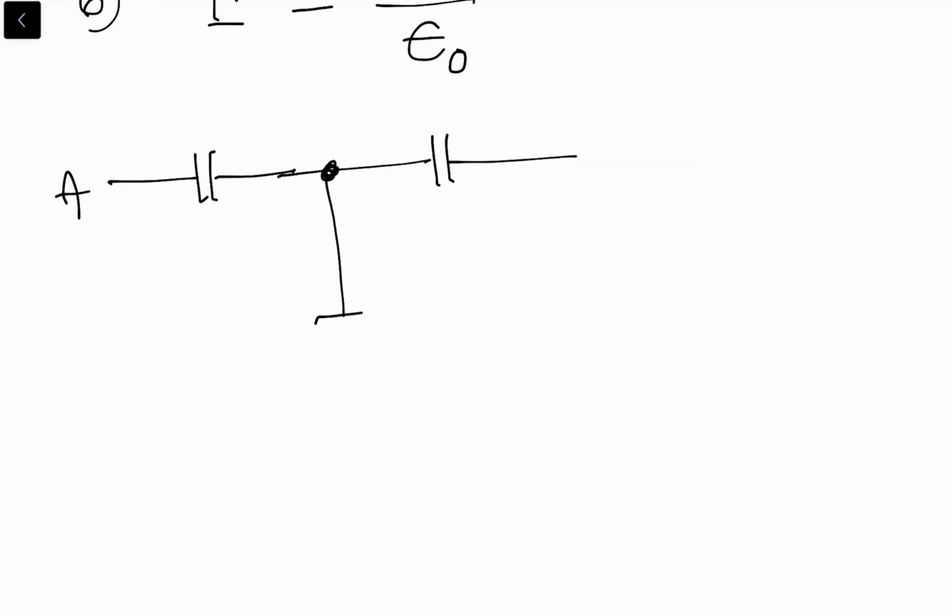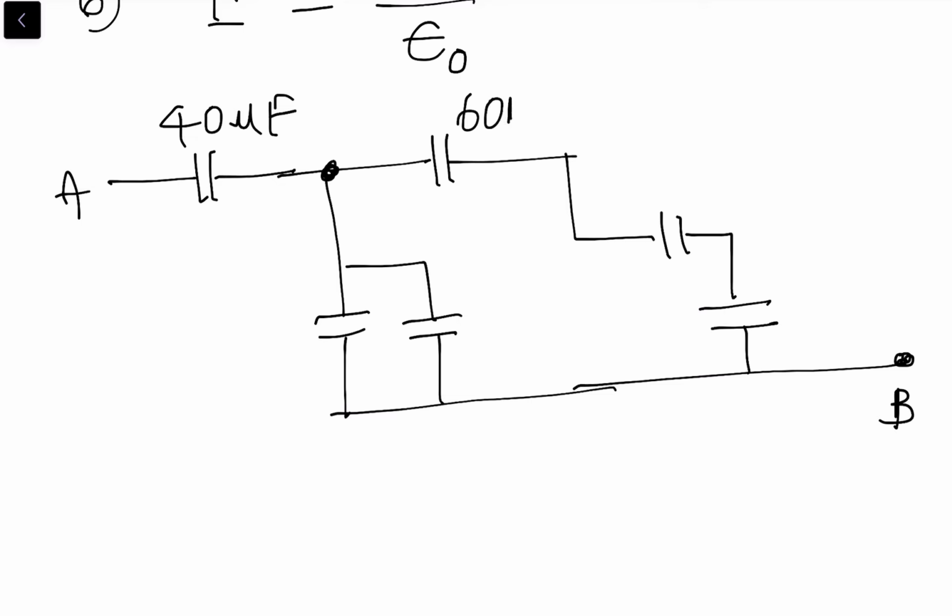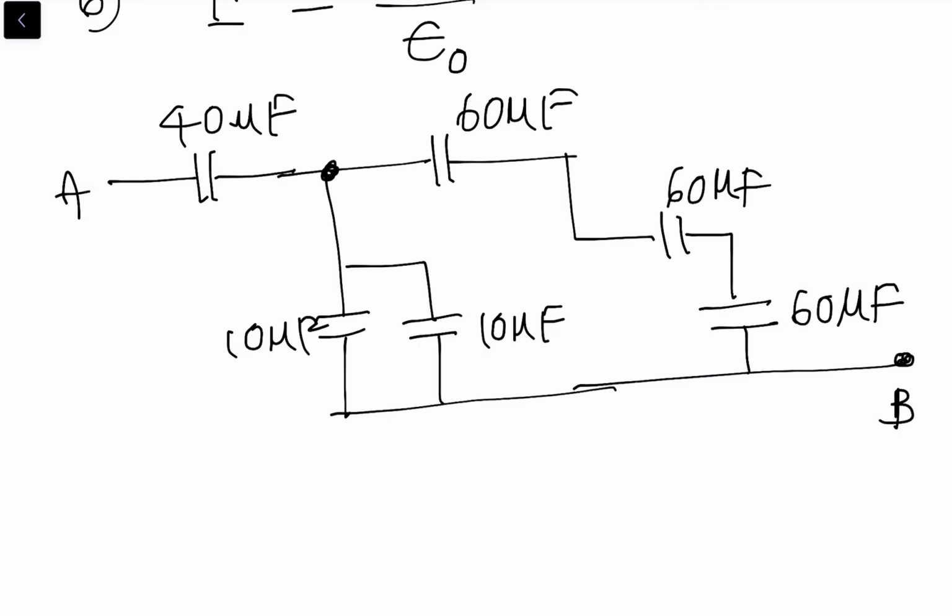From there one line is taken, here two capacitors are connected in series, and this comes like this, and here there is another capacitor, here there is another capacitor, and this is B. So this is 40 microfarads, 60 microfarads, 10 microfarads, and 10 microfarads, and this is 60 microfarads, and this is 60 microfarads. So now we have to solve this problem.